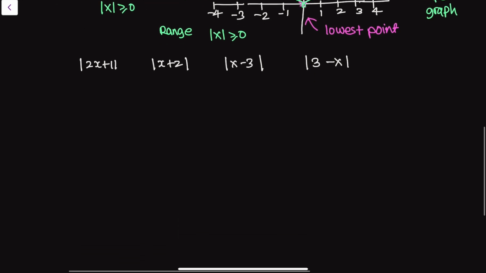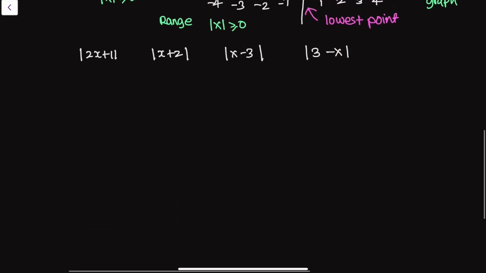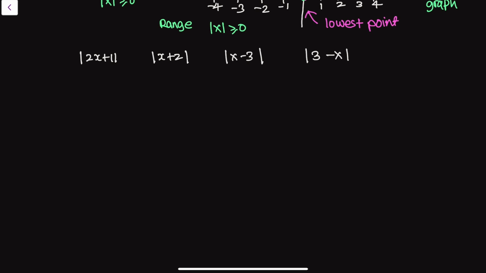Now one thing more about the modulus function. Let's say I ask you to plot the graph of mod of x, and then I ask you to plot the graph of mod of minus x, both the graphs are the same. Why? Because when we simplify it, it's always positive, so there is no change in the graph.